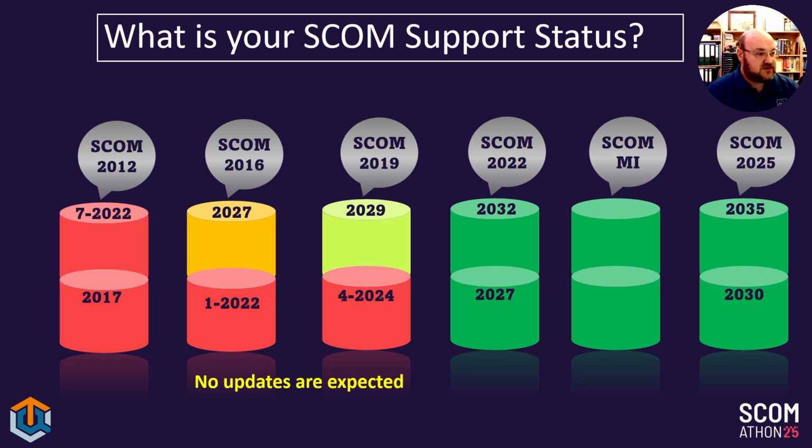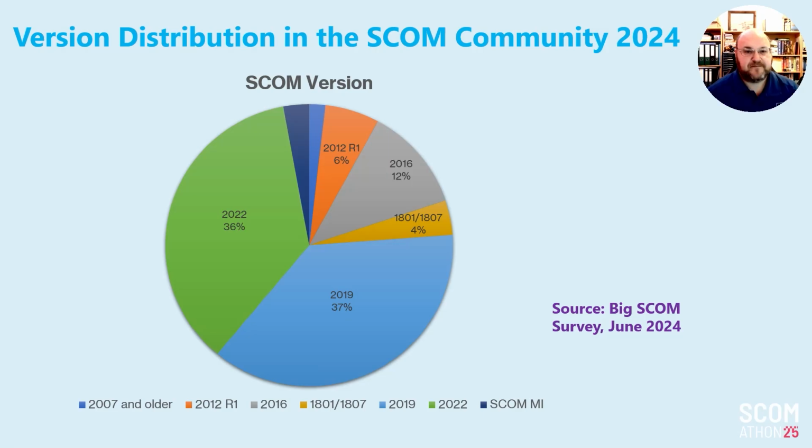And also you will see here that SCOM MI is also mentioned as one of the current versions, which is based on SCOM 2022 and then starts moving forward. So the key takeaway, if you are on SCOM 2019 or earlier, you are already starting to miss out on some full support. You want to make a plan of moving forward. If you are on 2016 or earlier, the clock is ticking even faster.